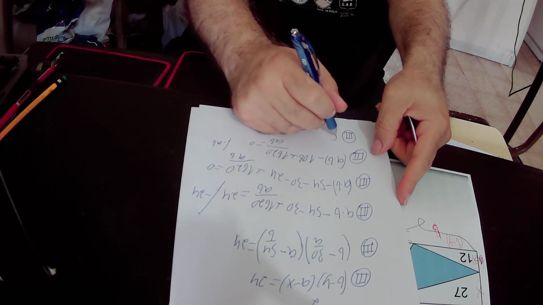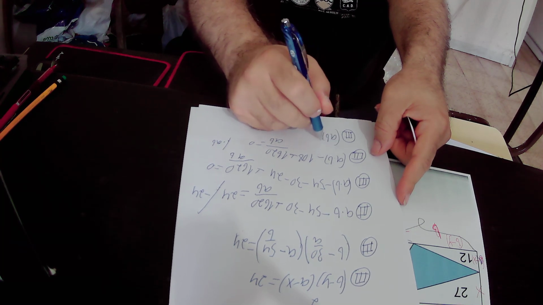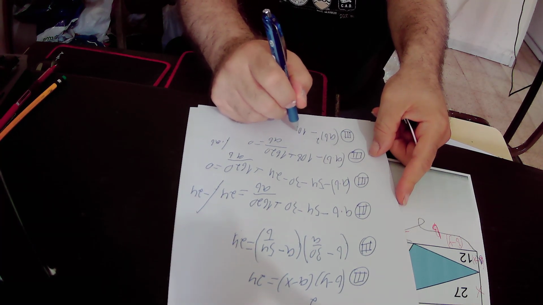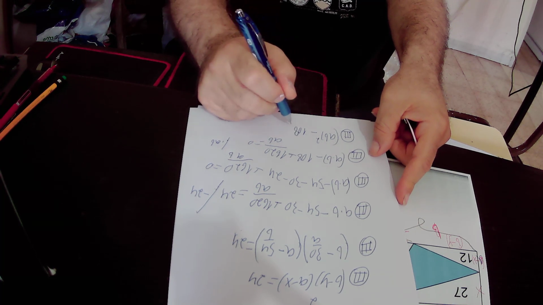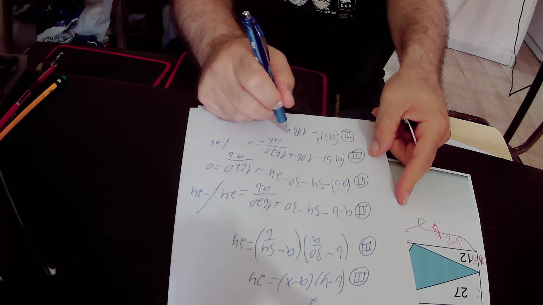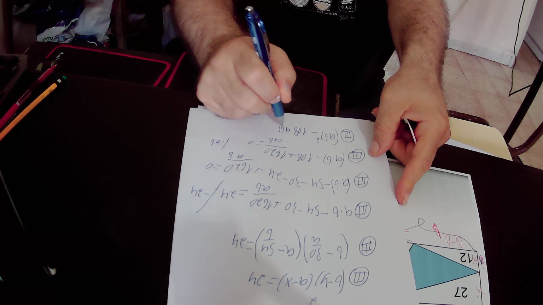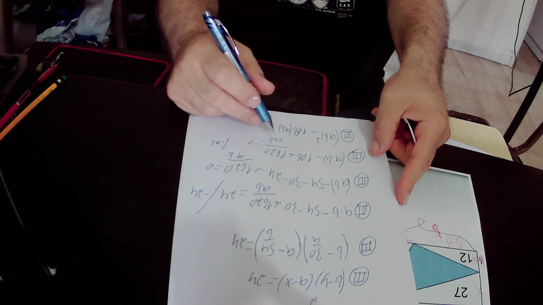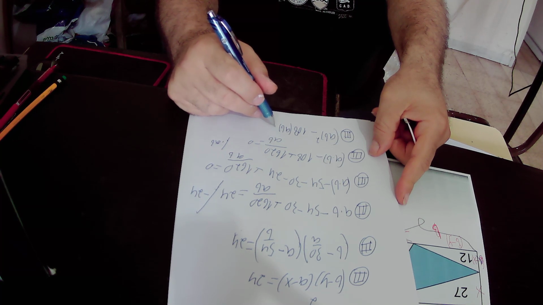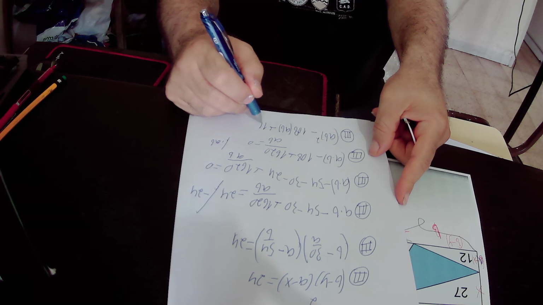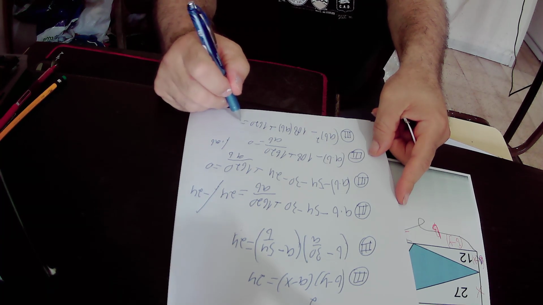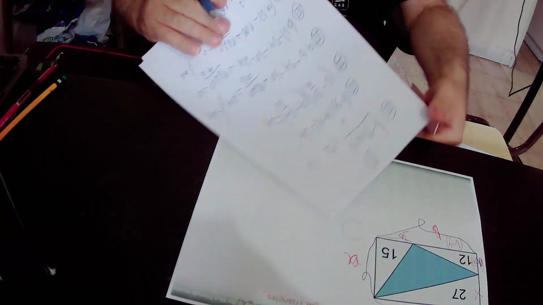AB times AB is AB squared. Negative 108 times AB is negative 108 AB, and positive 1620 divided by AB times AB will be positive 1620, and 0 times AB is 0. I will repeat again.